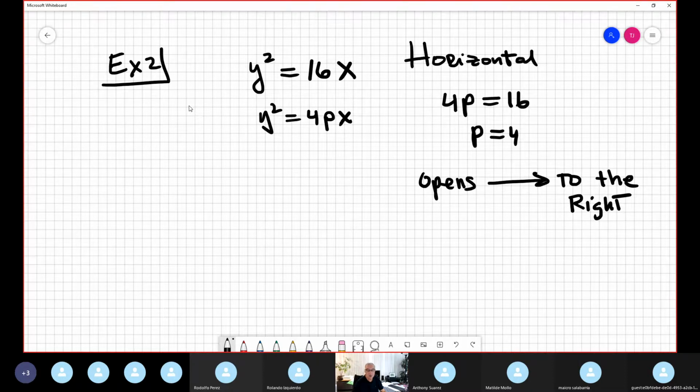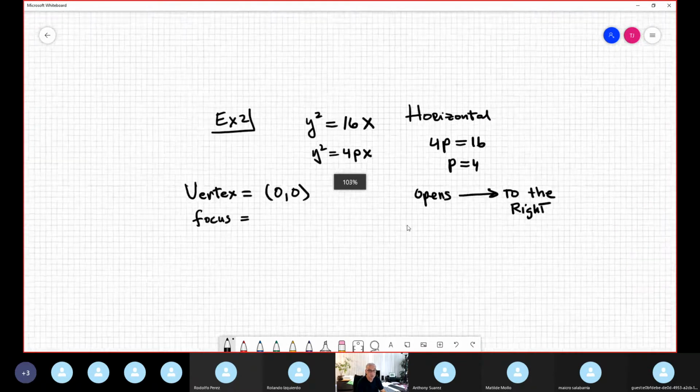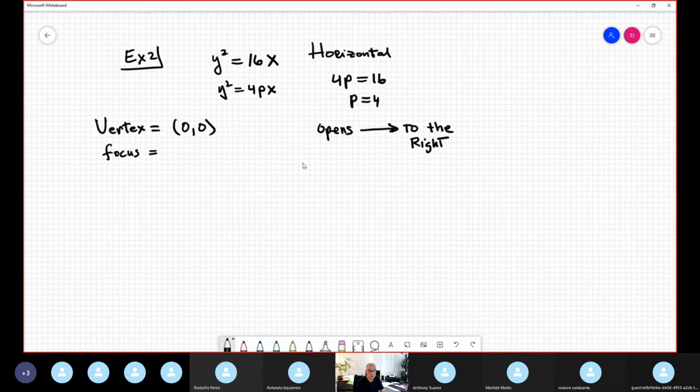Okay. Now, what about the vertex in this case? You see some translation? No. Entonces, the vertex es 0,0. Now focus. Okay, entonces now I like to do a rough sketch to understand this parabola, no? Remember, this is analytic geometry.